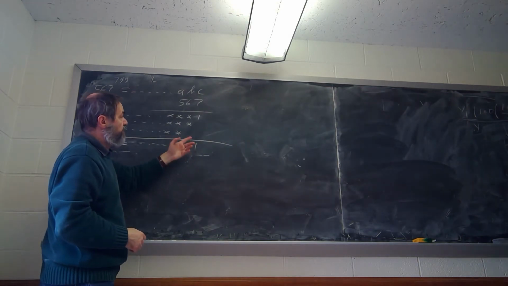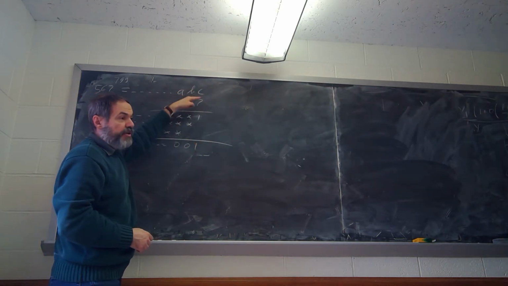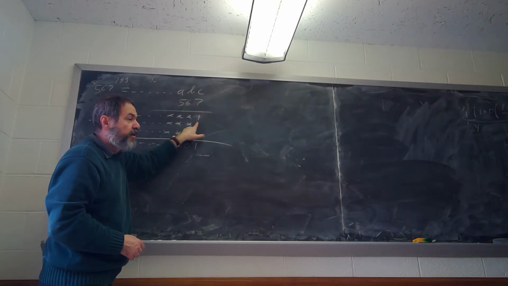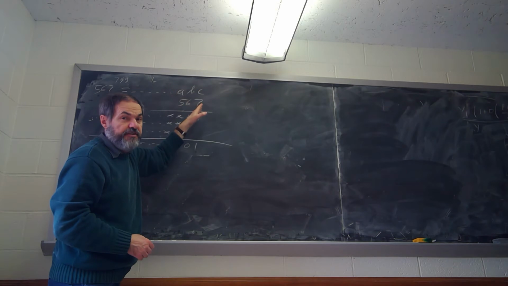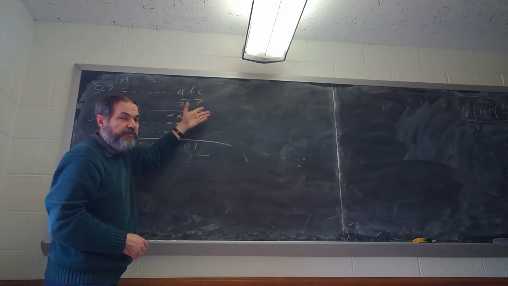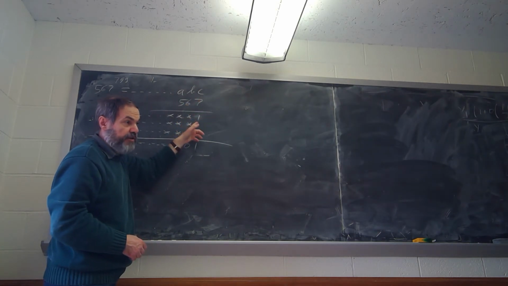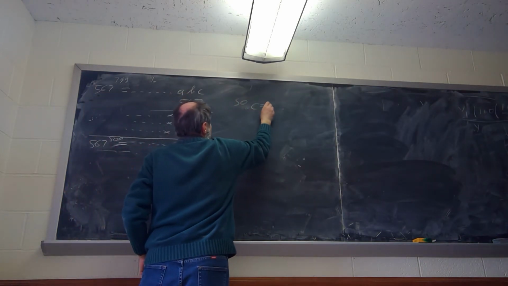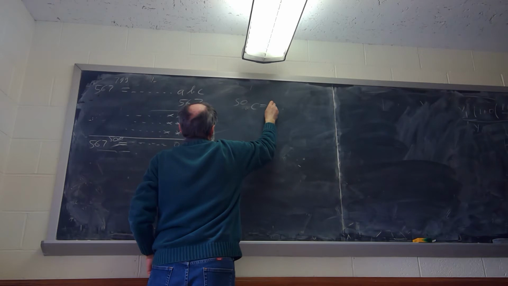So this forces C to be 3. 7 times 3 is 21, which gives us a 1. 7 times any other digit will not end with a 1. So C is 3.